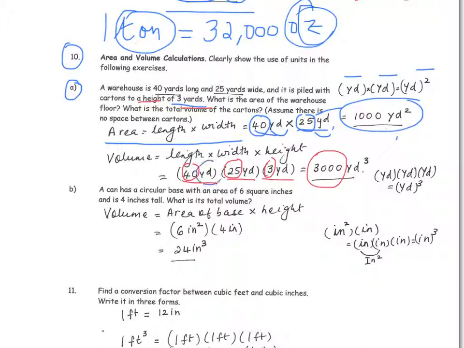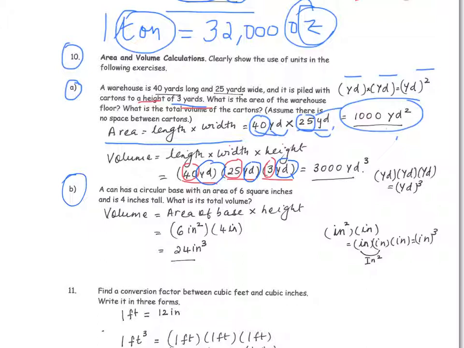Yards times yards times yards is cubic yards. So our final answer is 3000 cubic yards.